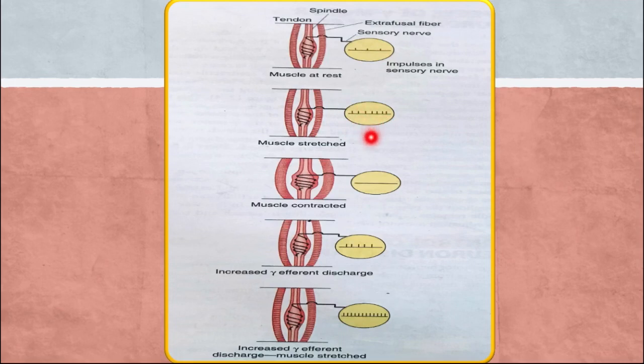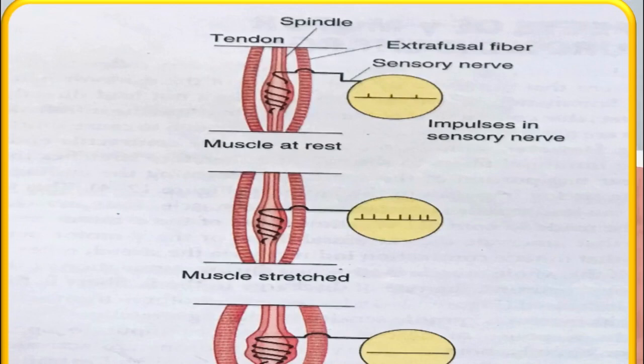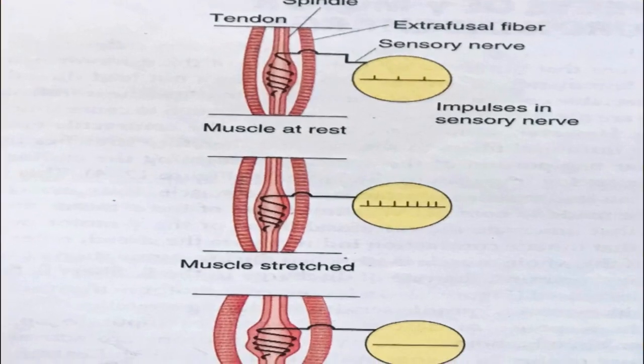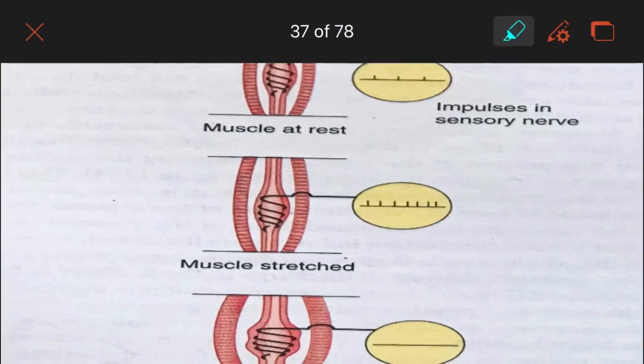So, because the spindle is in parallel with the extrafusal fiber, we can say we are just stretching this muscle out, say let me take this example, we are stretching the entire muscle in real life. So, this stretching will stretch the entire muscle. Because of the stretching of the entire muscle, the muscle spindle will get stretched. Okay.